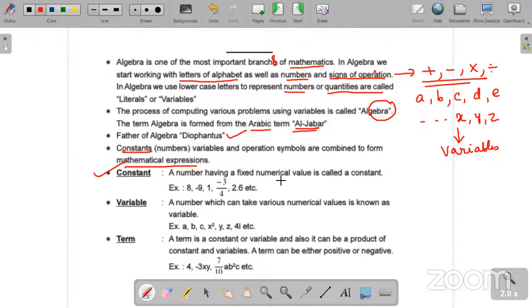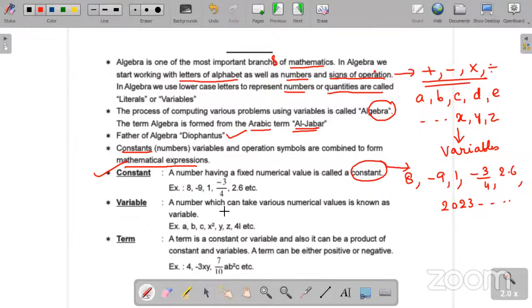A number having a fixed numerical value is called a constant. That value will not change at any cost. For example, 8 means 8 only, minus 9, 1, minus 3 by 4, 2.6, 2000, 2023, and like that. They are all called constants.